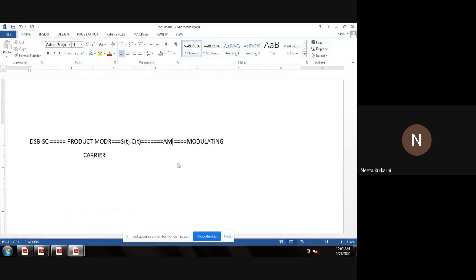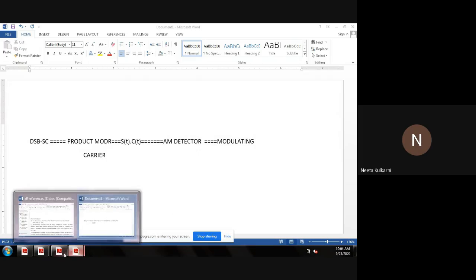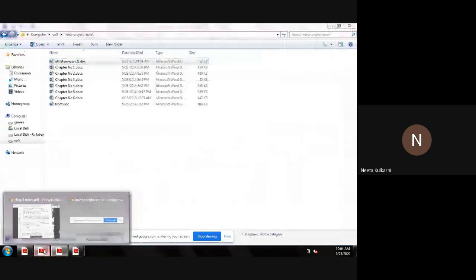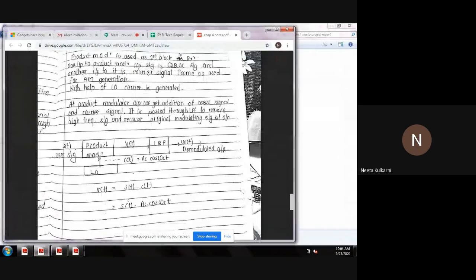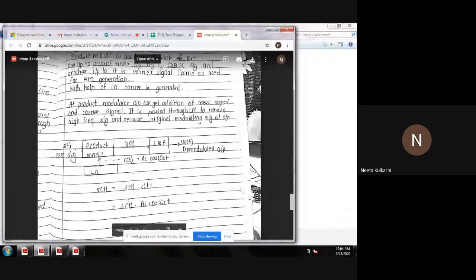AM detector यूज करू शकतो ना आपण? We can use here the AM detector. Either we can use here envelope detector or we can use the rectifier detector. So that is also another option which you can select. But usually here in this diagram the low pass filter is used and modulating signal is recovered at the output. Okay, is it clear?